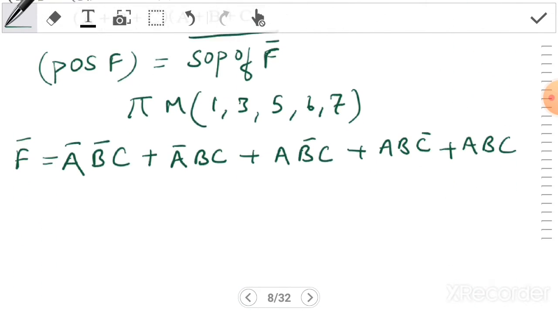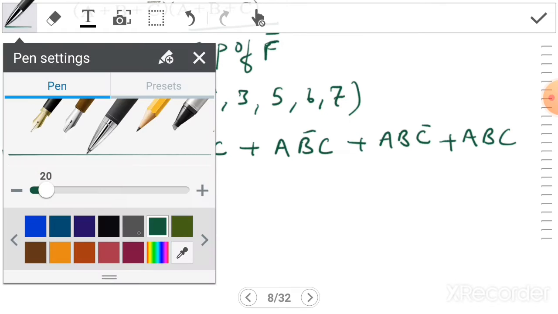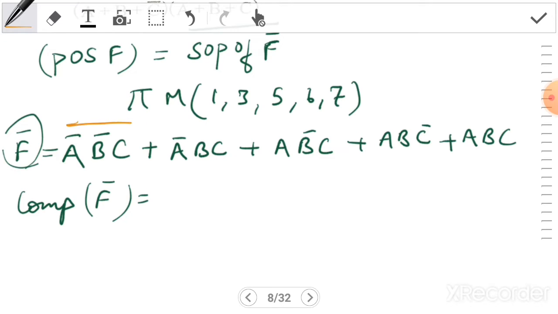Now again take the complement of this new function, the whole complement.